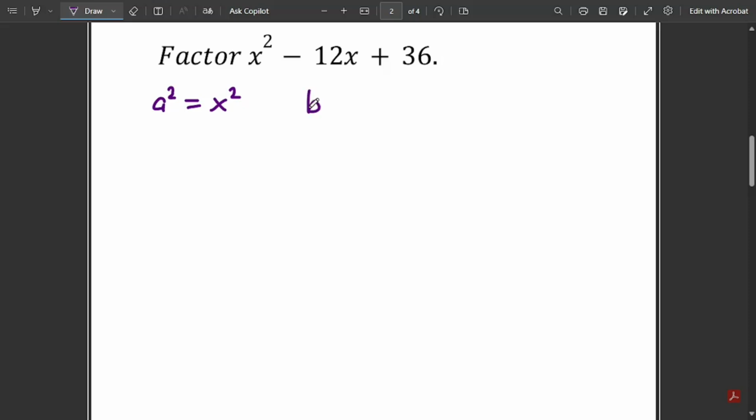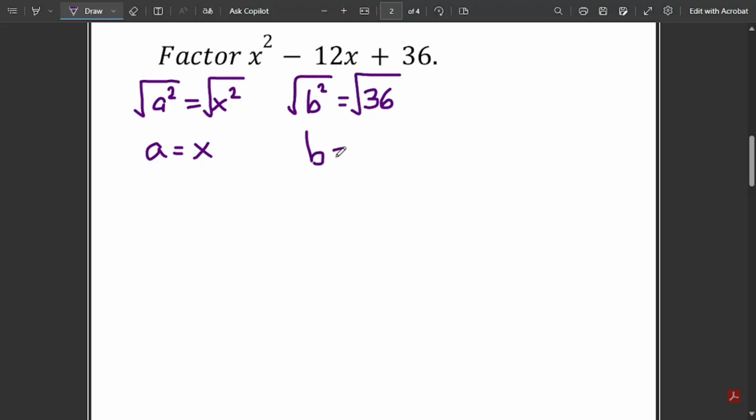B squared is going to equal 36. And note that we have a negative number here. So I'm going to take the square root of this, and I'm going to stick with a equals positive x. But when I take the square root of this one, I'm going to go for the negative square root. So b is going to equal negative 6.